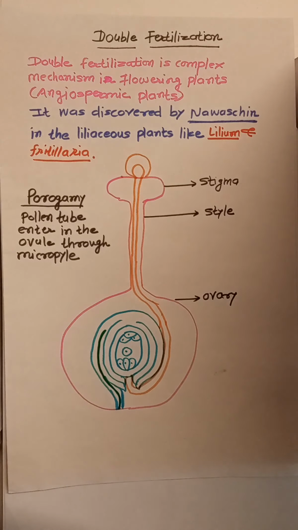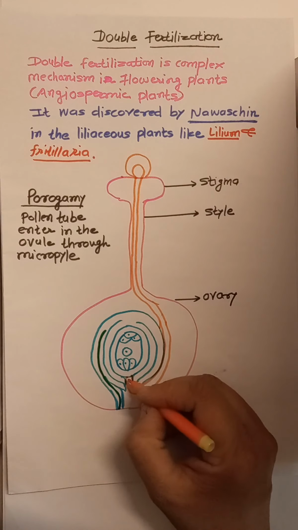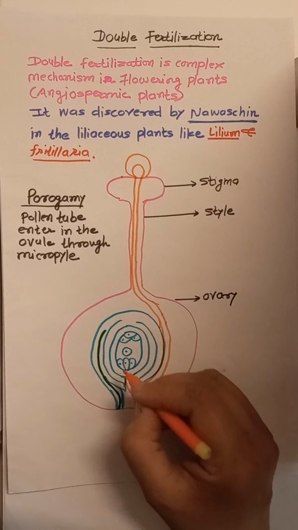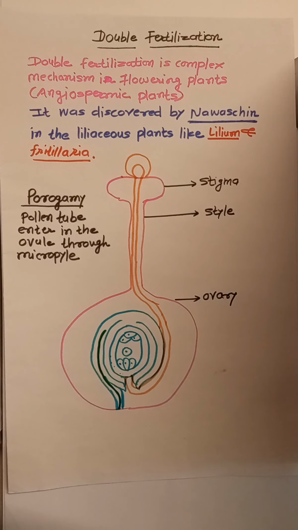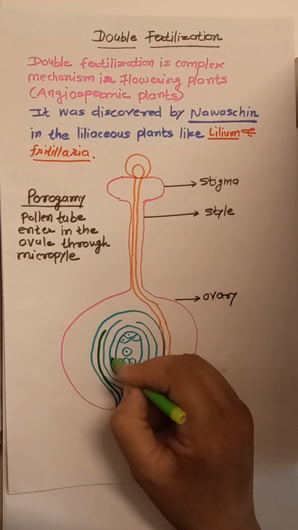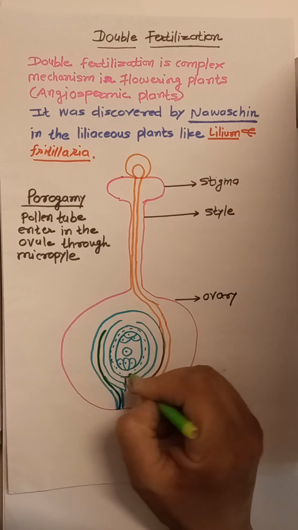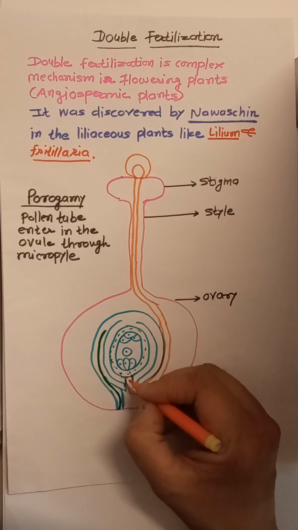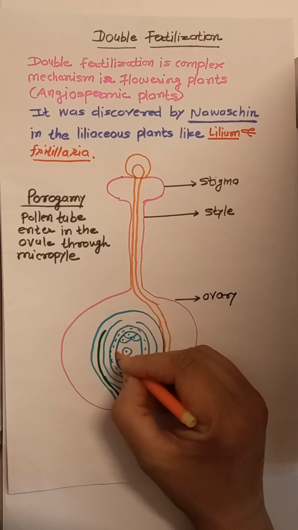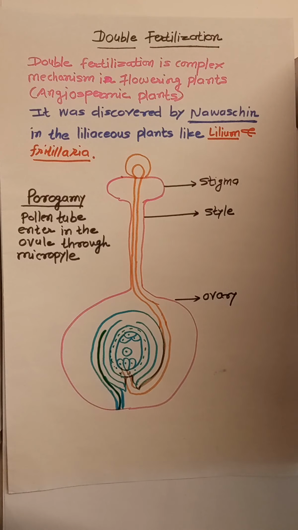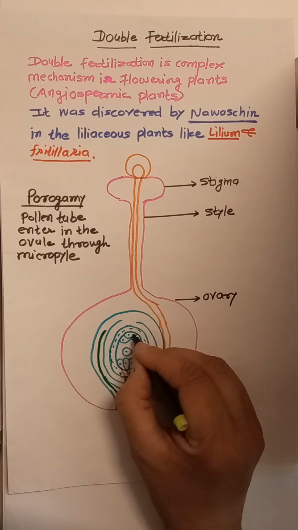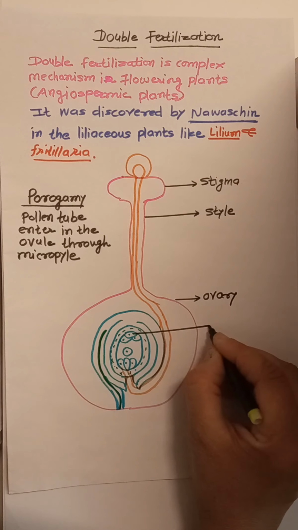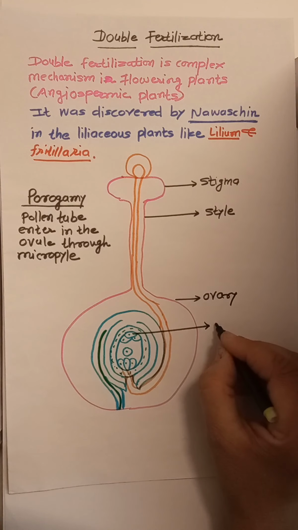Then this pollen tube pierces this tissue, it is called as nucellus. So it penetrates nucellar tissue, and then pollen tube enters in the embryo sac. So this is embryo sac, and see this group of 3 cells towards chalaza is called as antipodals.